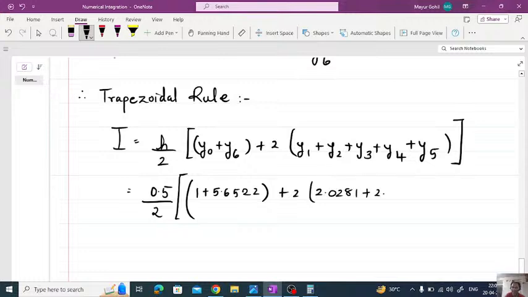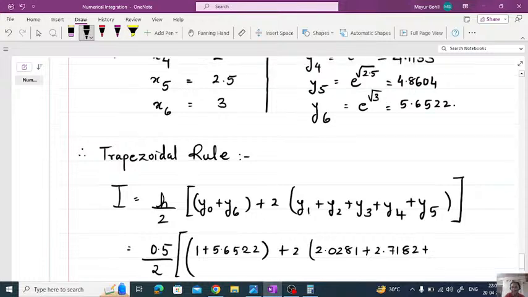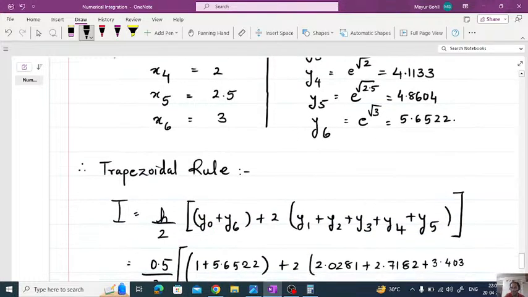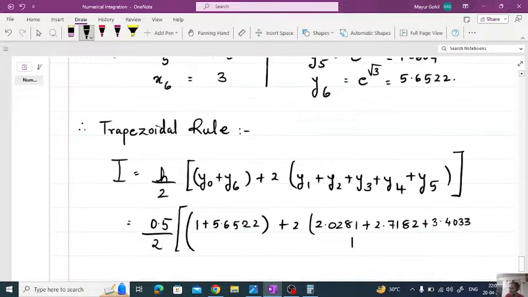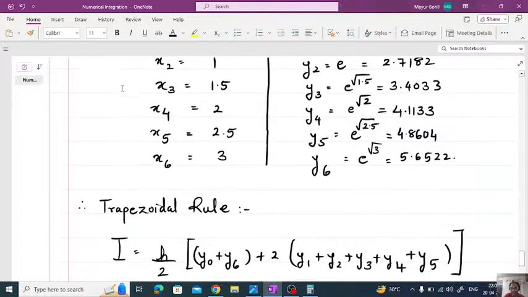plus 2.7182 plus, then there is y3, 3.4033, then there is, add them up and write down the final answer from your calculator.